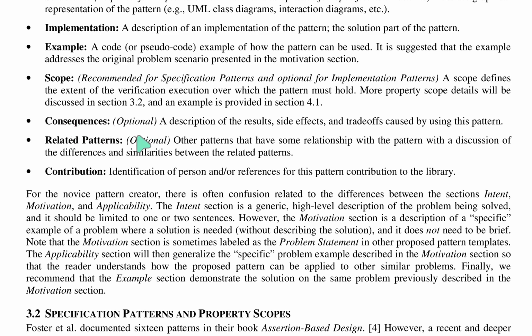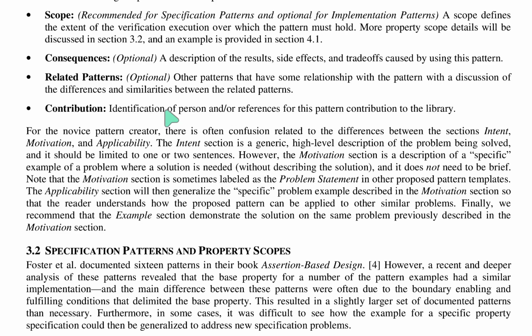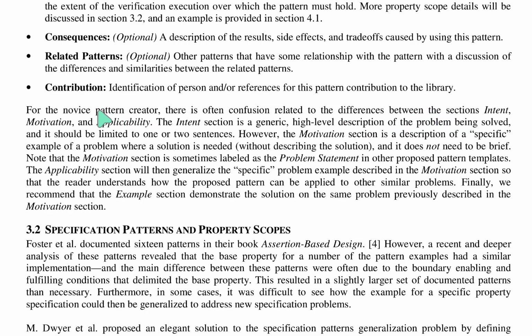Consequence, optional, a description of the results, side effects, and trade-offs caused by using this pattern. Related patterns, optional. Other patterns that have some relationship with this pattern, with a discussion of the differences and similarities between the related patterns. Contribution, identification of a person and their references for this pattern's contribution to the library.